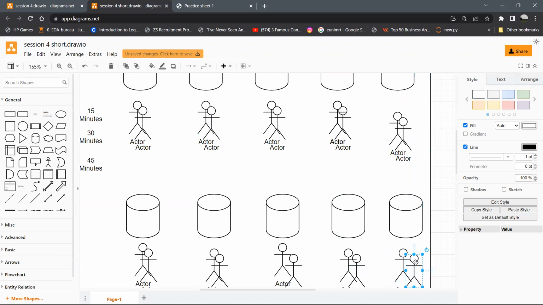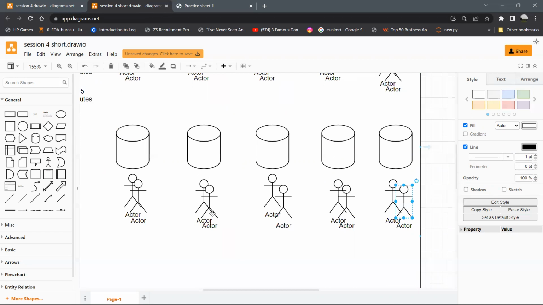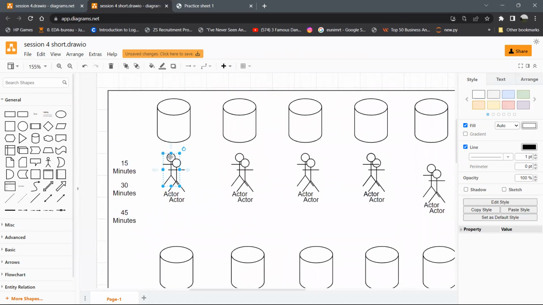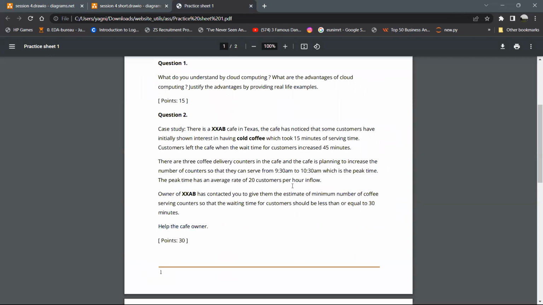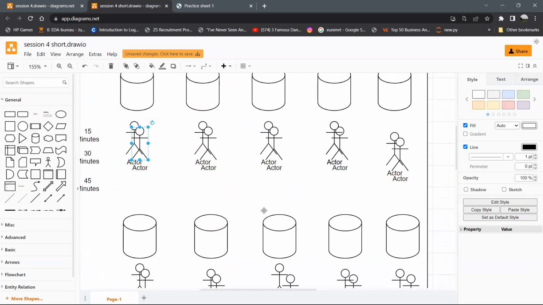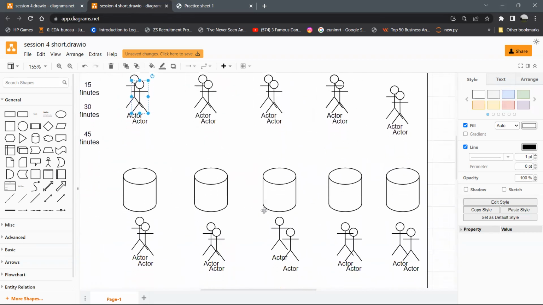Now when you have 10 coffee machines, okay, what is happening? The first person will wait for 15 minutes, second person will wait for 30 minutes. So the last customer is waiting for only 30 minutes. So our condition was to reduce the time to less than or equal to 30 minutes. So no customer will be leaving, okay, when you are having 10 coffee machines.